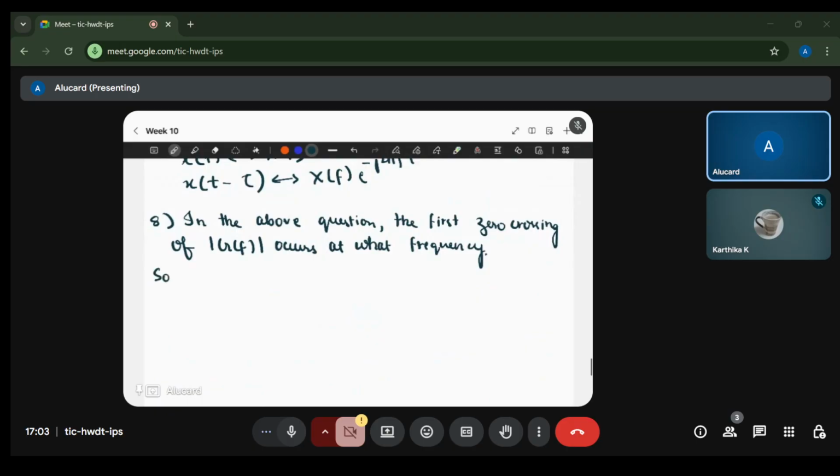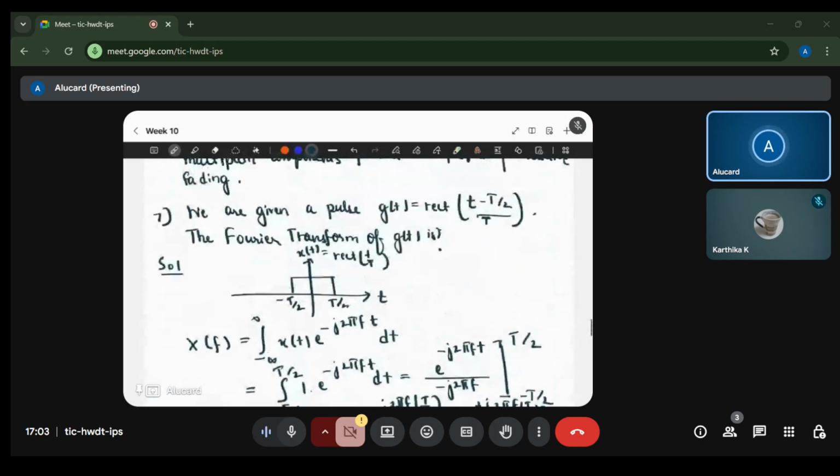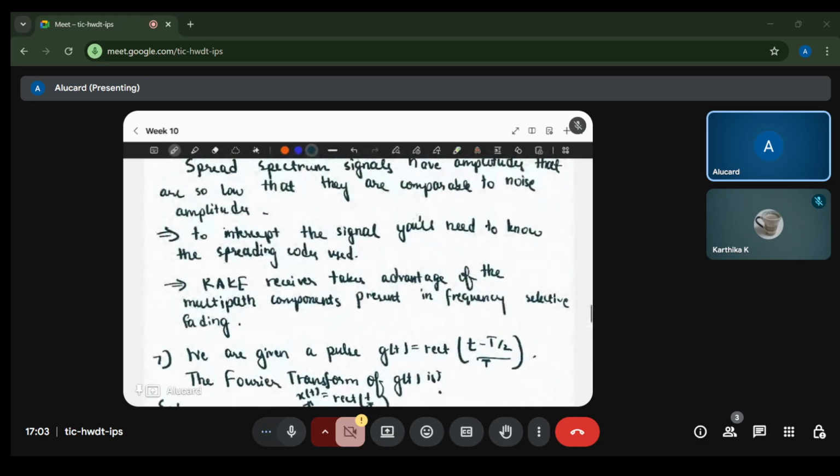So the solution is straightforward. In the Fourier transform, in all the options above, the options are of the form sinc of something into e power something into t.